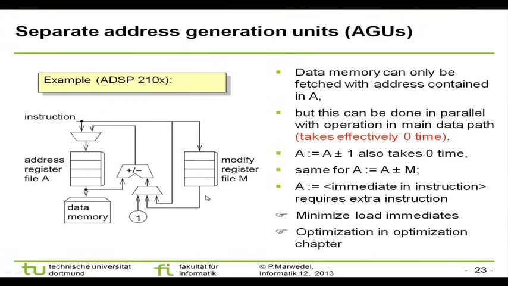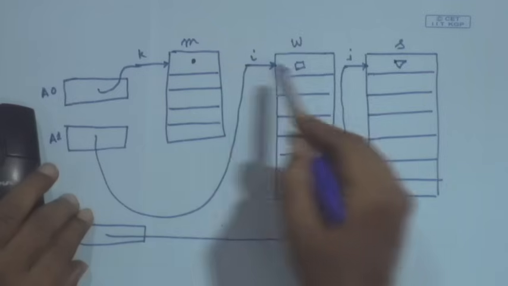Do you understand? I can increment it by 1, auto increment, or I can shift it with an offset. What would that offset value be? That can come from a memory register that I add with A0, some value x.